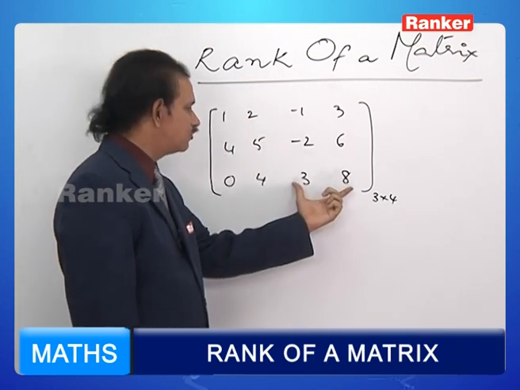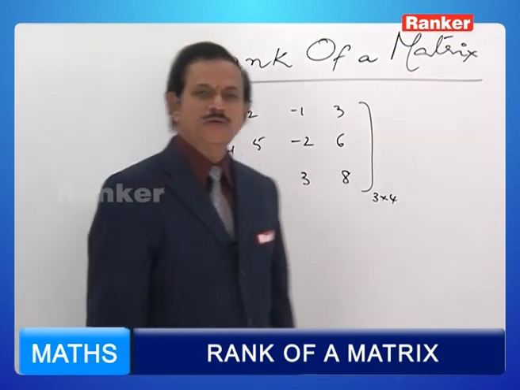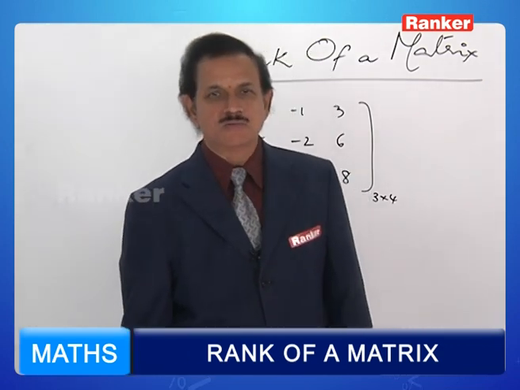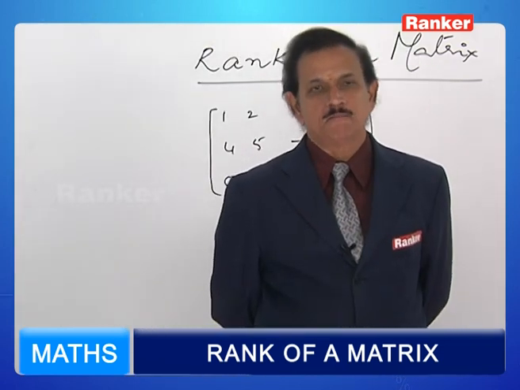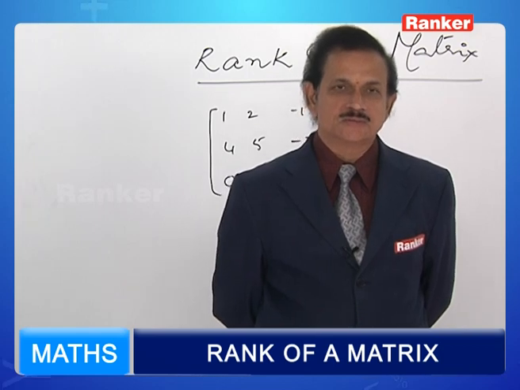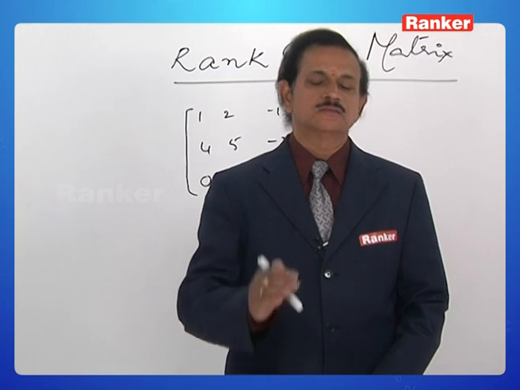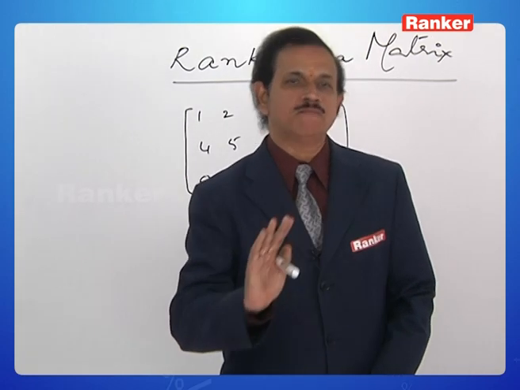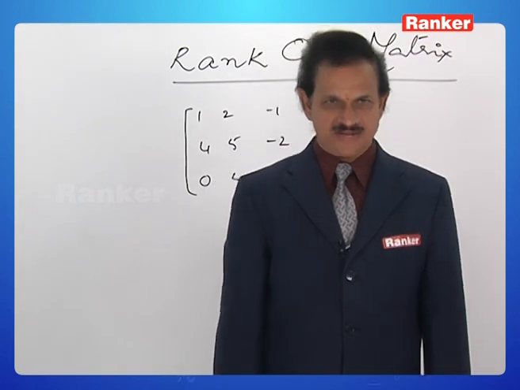This will be the 2 by 2 submatrix. Well, we could understand about the submatrix of a matrix. What is a submatrix? That is the matrix obtained by deleting some number of rows, some number of columns, or both.